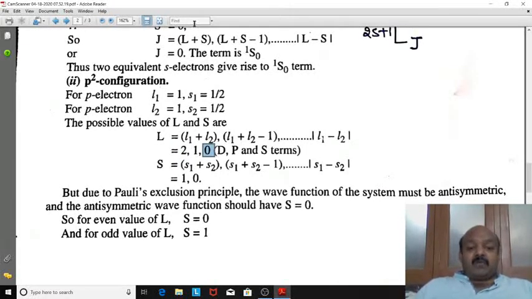But when we come to the spin angular momenta, both are in the same configuration, anti-parallel, one up and another down. So we will be having only one allowed value of S according to the Pauli exclusion principle.